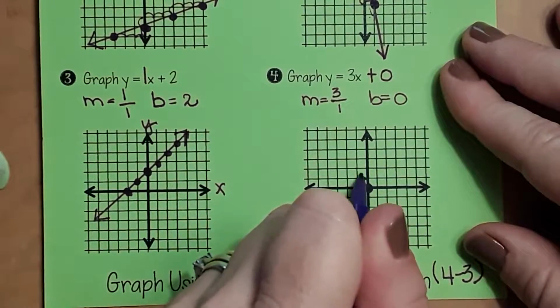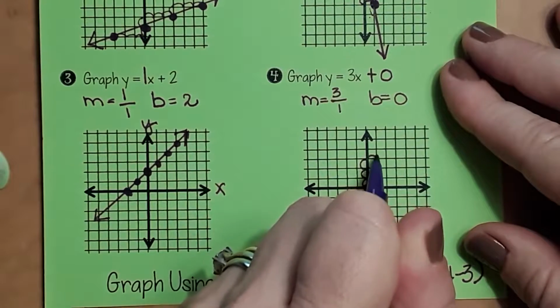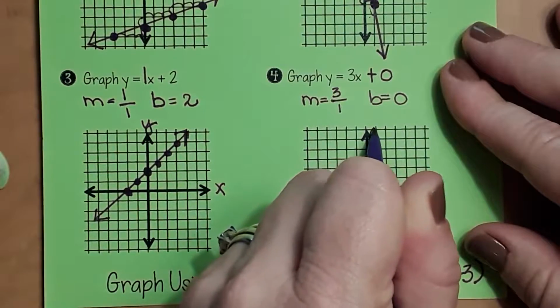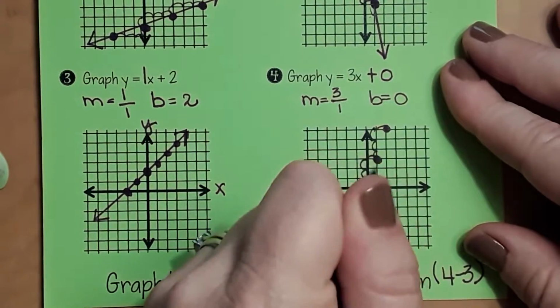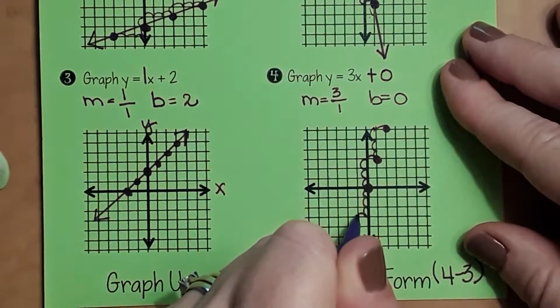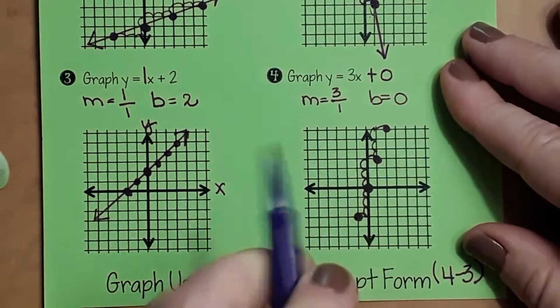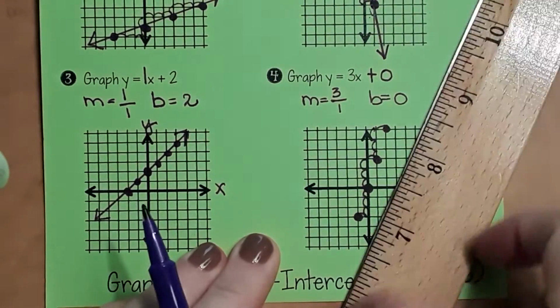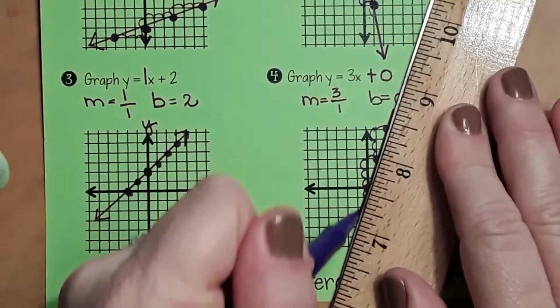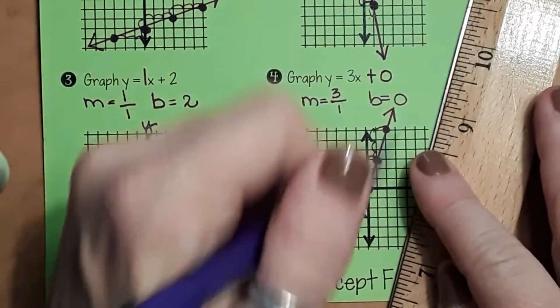Putting it right here, we're going to go up 1, 2, 3 over 1. Up 1, 2, 3 over 1. Can't go up and to the right, then we're going to go down 1, 2, 3 over 1. And I like that. I got my 4 points. It's a very steep slope. And we're going to draw our line, connect those points.